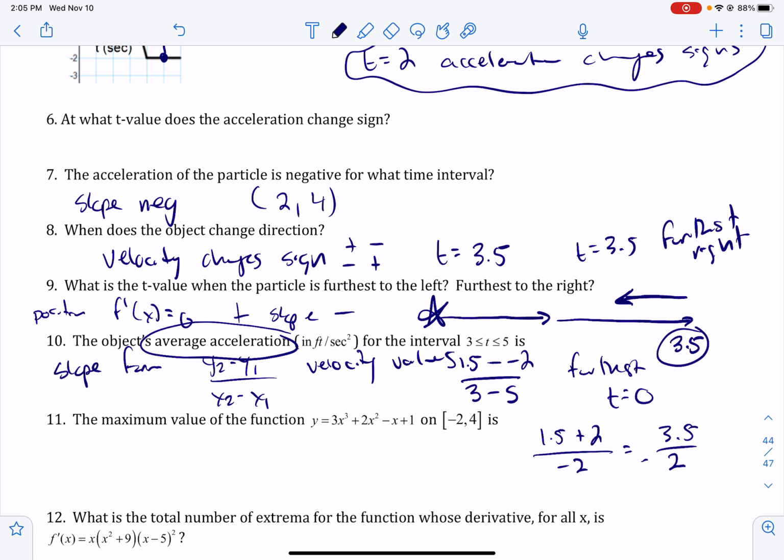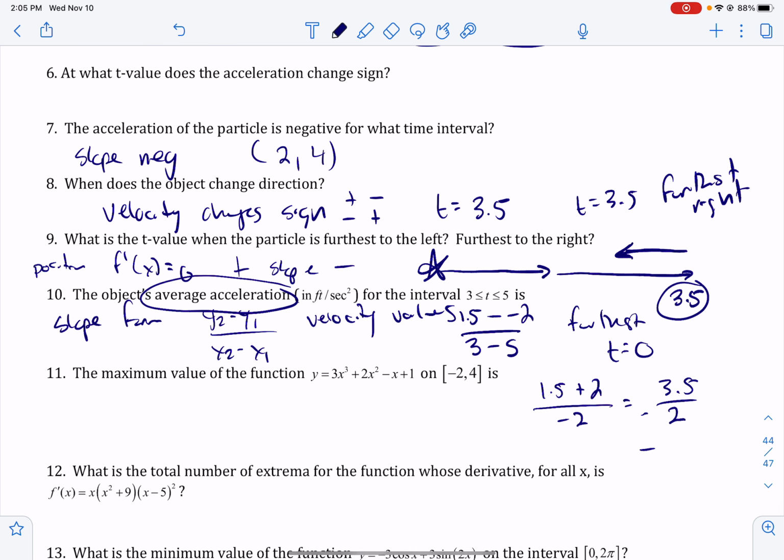And if we want to actually finish that out, we would say -1.75. And my units, it gave me my units, right? Feet per second squared. It didn't ask us to come up with the units. It gave them to us, so we're going to plug them in right there. I didn't have to come up with those on my own.